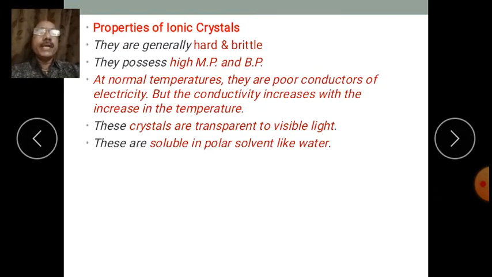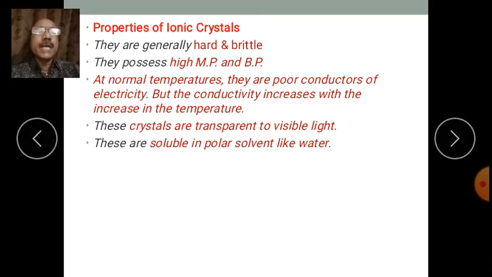Properties of ionic crystals. What properties are exhibited by the crystals which are formed due to ionic bonds? They are generally hard and brittle. They possess high melting and boiling points because the binding energy is high.